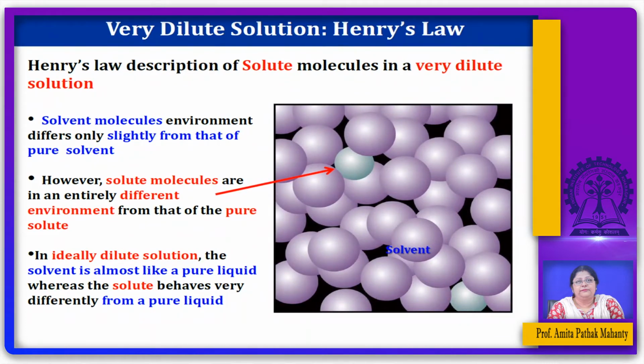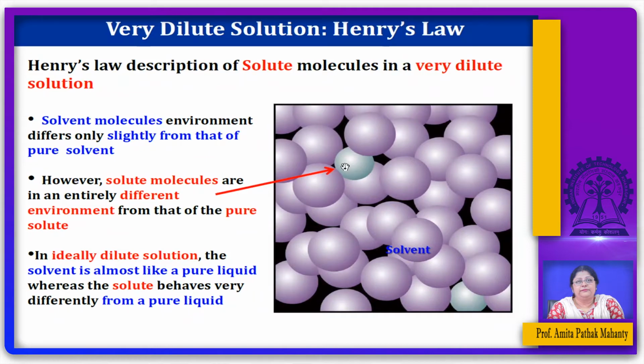You see this, when you have a large excess of the solvent, then the solvent environment more or less remains the same. But the environment which the solute is experiencing, since it's in a very small amount, is going to be entirely different. You can see the big particles are the solvent particles, and the small ones are the solute particles.